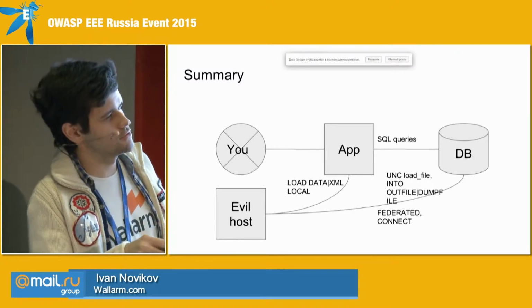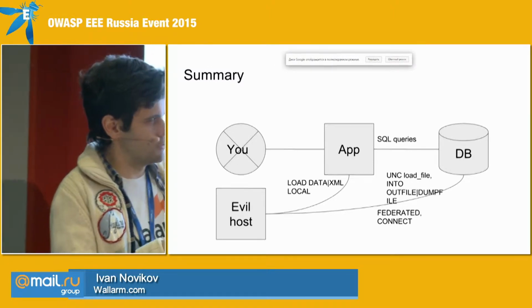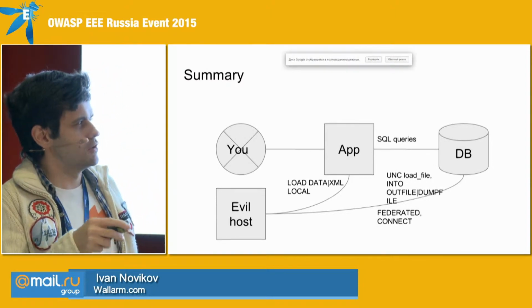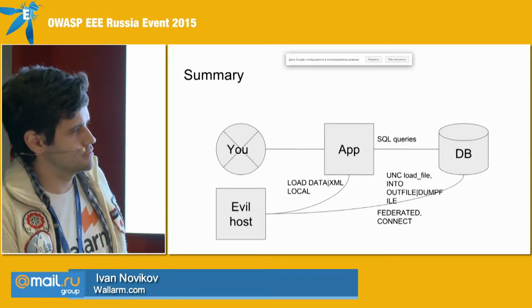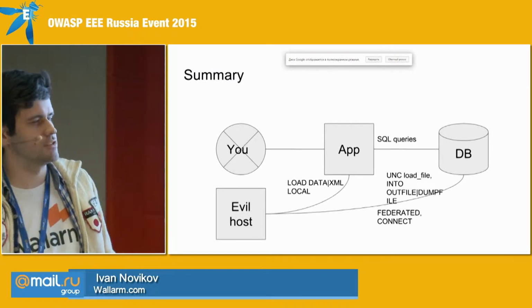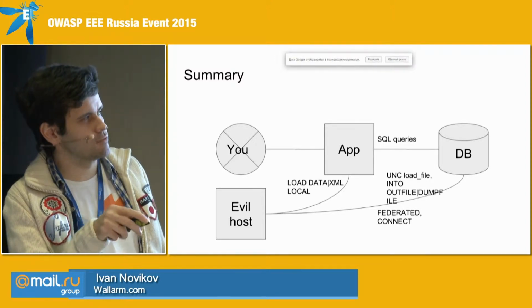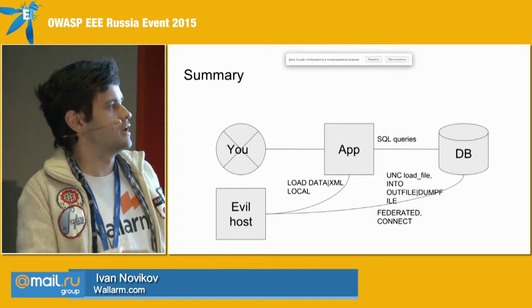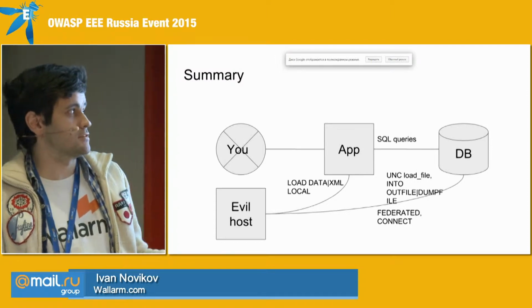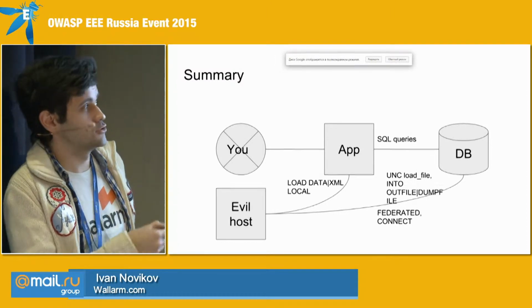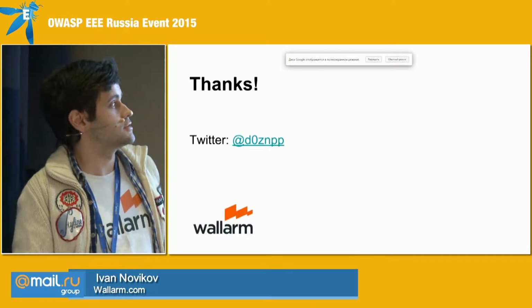In the case of using UNC with load_file functions like load_file, into outfile or something like that, or the new trick based on connection engines such as Federated or Connect for MariaDB, you read data and make DNS requests from database servers. So I think my whole presentation can be put on this slide. That's all. Thank you.